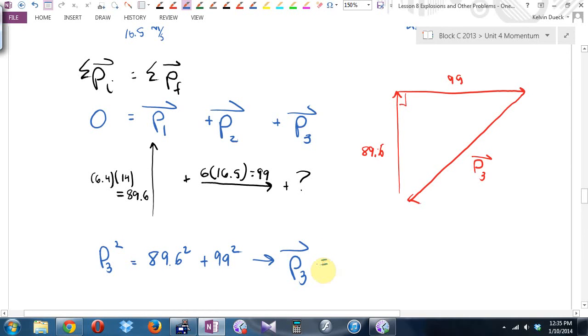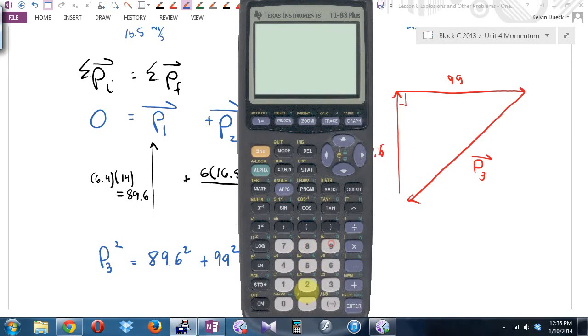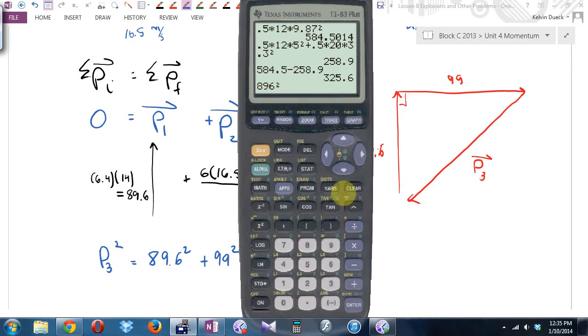Momentum of object 3, 89.6 squared plus 99 squared, square root. Final momentum, 133.526.